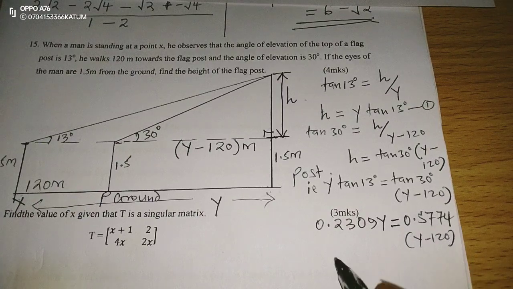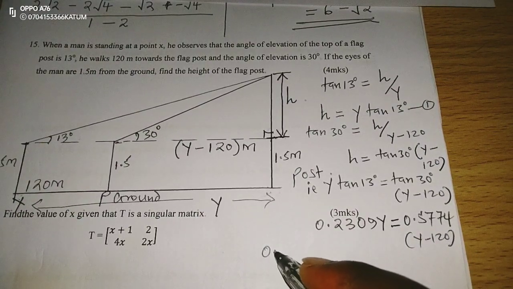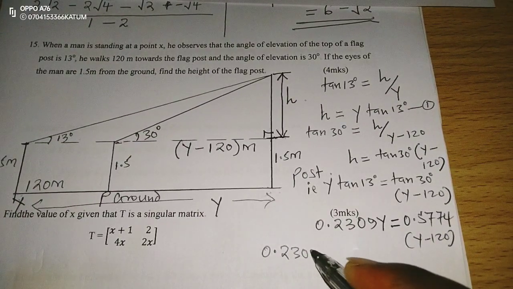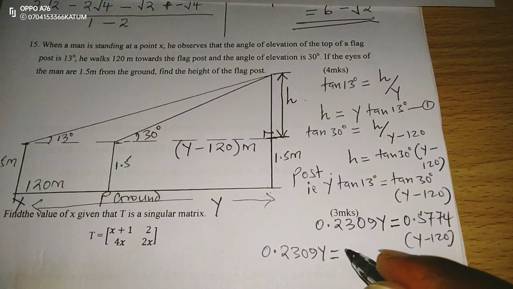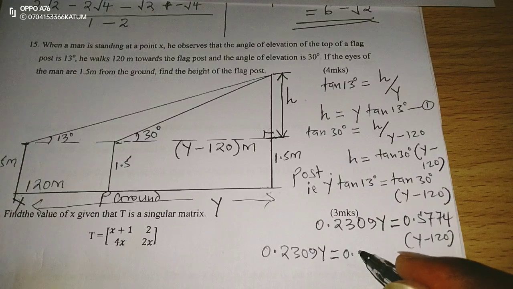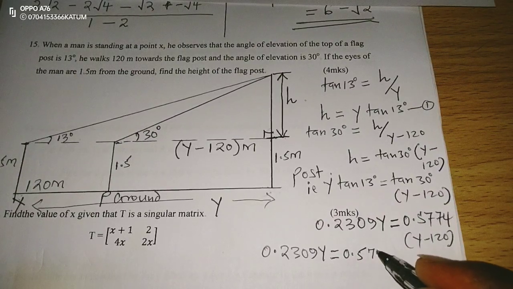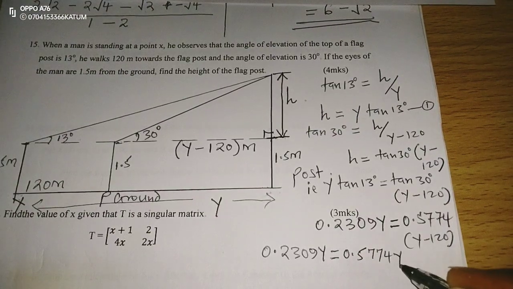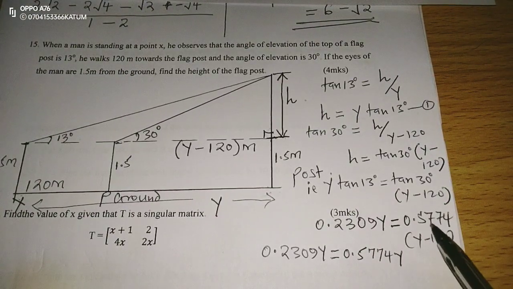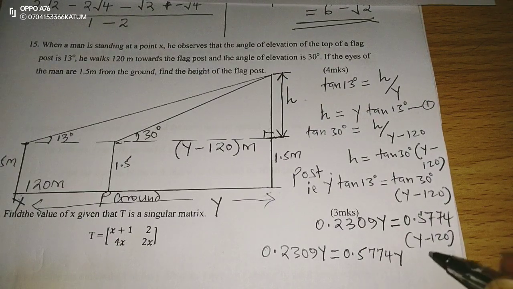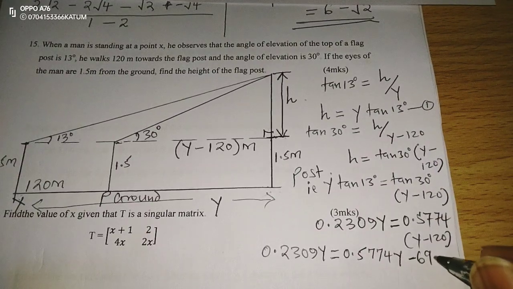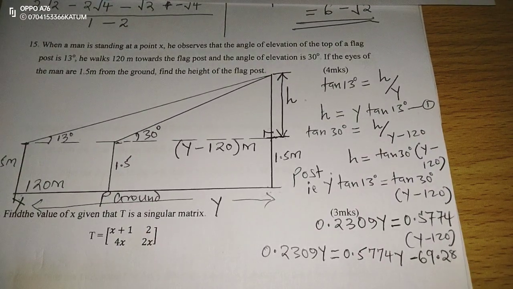So now we can open the bracket to have 0.2309y equals 0.5774y, then we open the bracket again by multiplying this value with 120. This gives us 69.28.